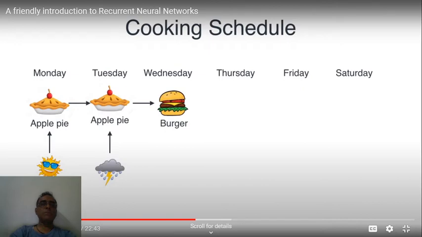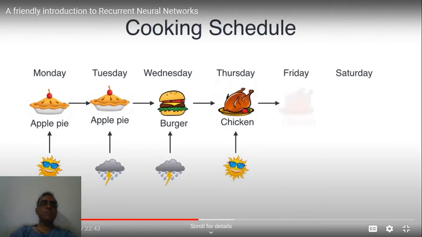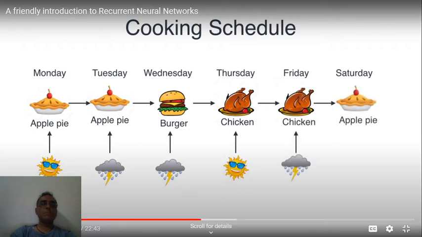So a burger is the next thing on the list. And if on Thursday it's rainy, then again he makes chicken because he stayed home and cooked the next meal. And if Friday is sunny, then he goes outside, doesn't cook anything new, so on Friday we get chicken again. And if on Saturday it's rainy, he cooks the next dish, which is an apple pie. And if Sunday is sunny, then he has an apple pie again, and so on and so forth.